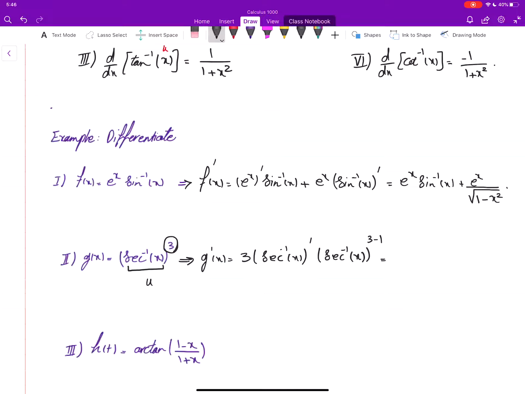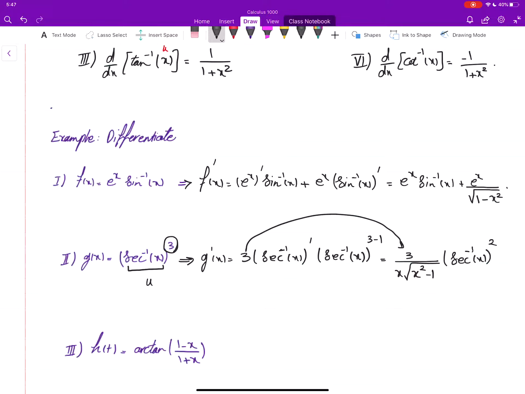And the derivative of secant inverse is 1 over x times the square root of x squared minus 1, so we get 3 times 1 over x root x squared minus 1 times secant inverse x to the power 2.